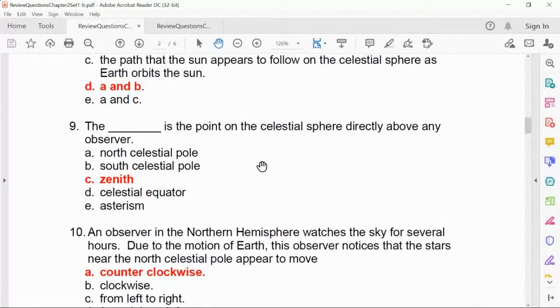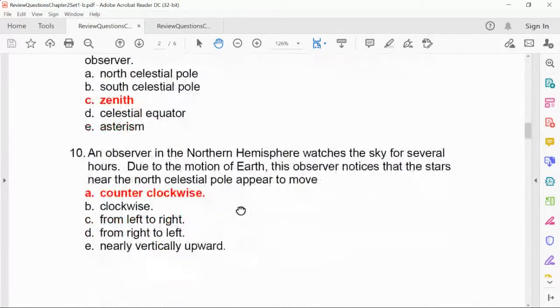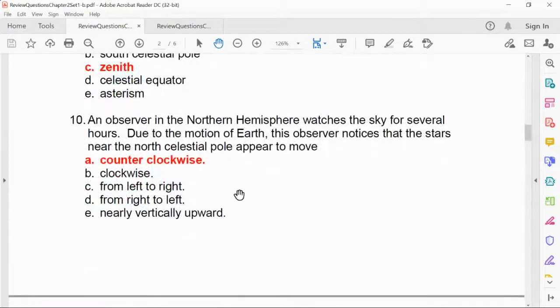The zenith is the point on the celestial sphere directly above any observer, and I told you the zenith is different for different locations, so it's not a fixed point. It's fixed only at a certain location, which is exactly on top of the head of the observer.